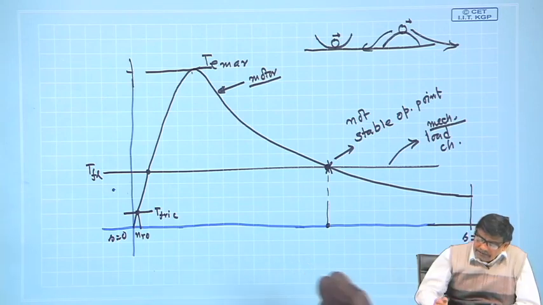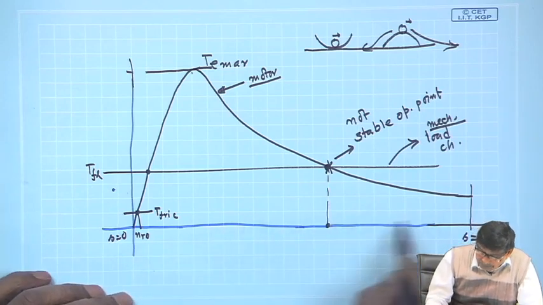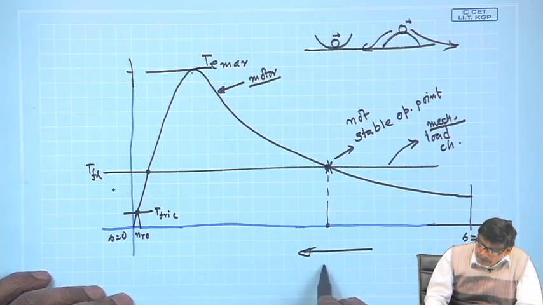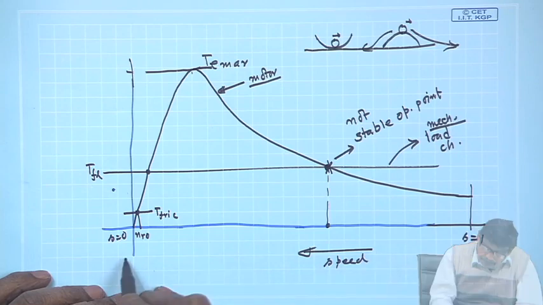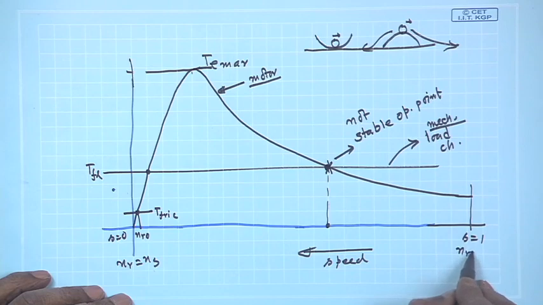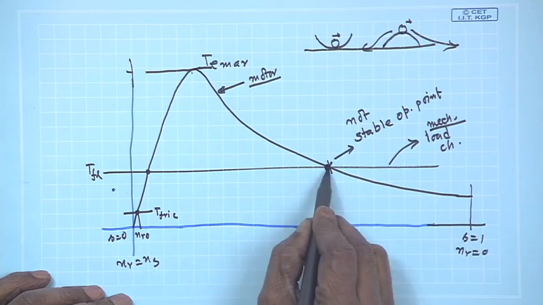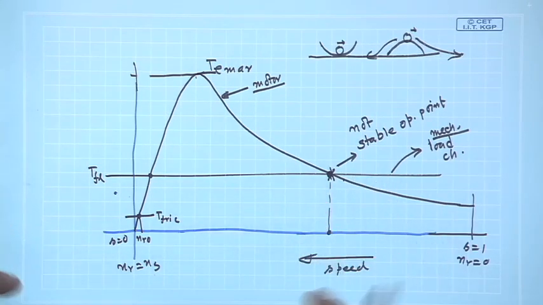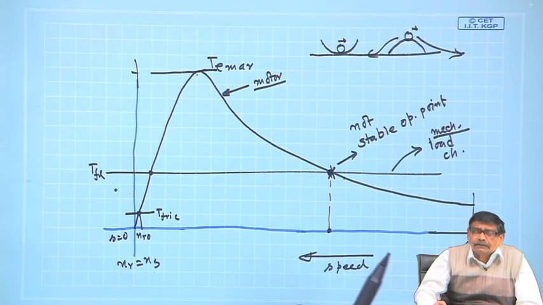but a slight disturbance comes because you do not know. Suppose the speed has slightly dropped. What is the speed? Speed is this way. You do not know, speed may change a bit, n r equal to n s, this is n r equal to 0. Suppose speed drops a bit by some external factors.